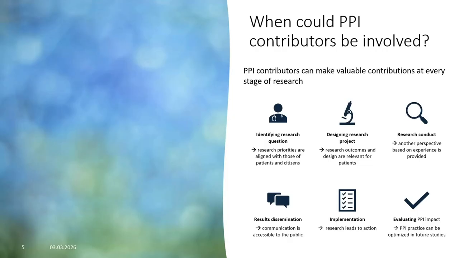In the research conduct, they can give you another perspective, which is based on their experience. For the results dissemination, they can help you to communicate with the public in an accessible and clear way. For the implementation, they can ensure that the research leads to action. And last but not least, in the evaluating phase of these PPI procedures, they can help you optimize the PPI practices for future projects.